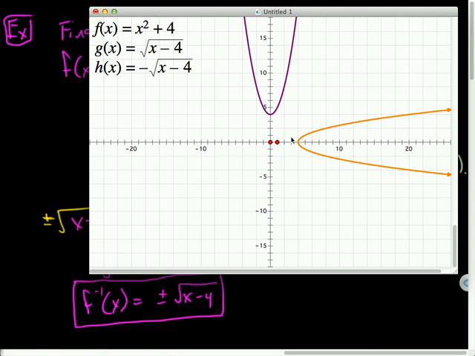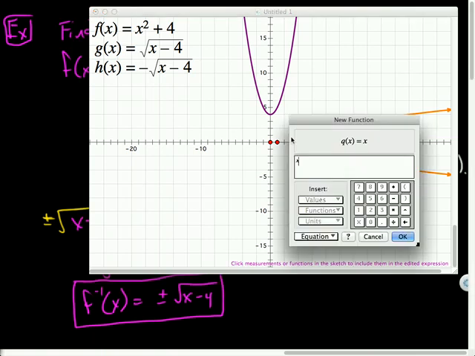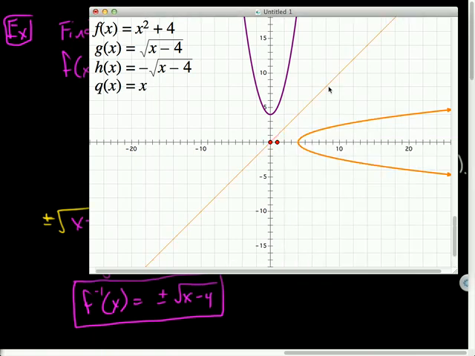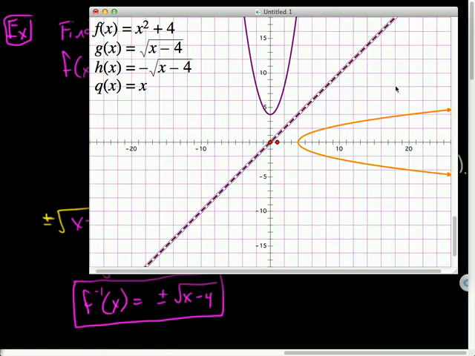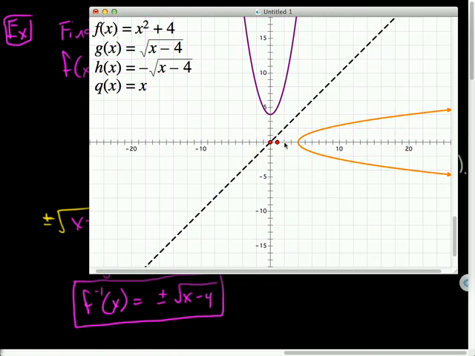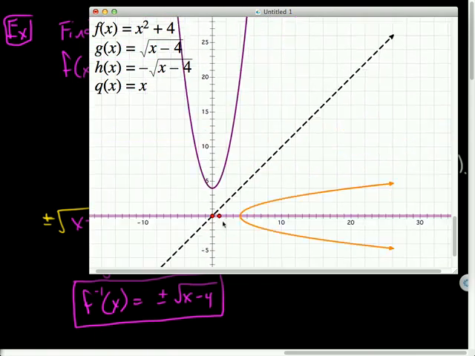And just to make things clear, let's graph the line y equals x. Line style medium. Let's make it dashed, and I'll even make it a color there. So you can see that these are, in fact, mirrors of one another over that line.